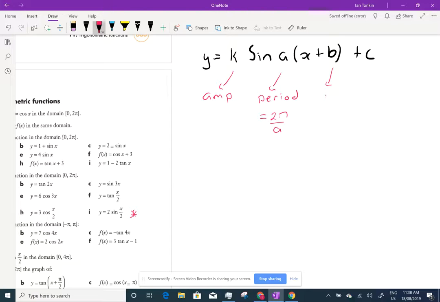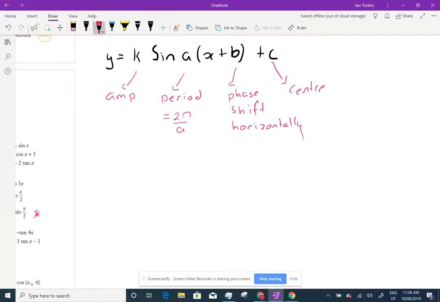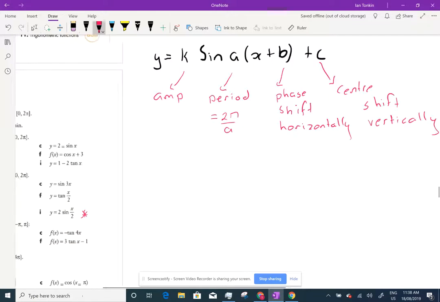This affects your phase, which is just a shift left and right, horizontally. And Margaret calls this the center, but it just shifts it vertically. Now, if you get all that, and that's hard, you should be okay.